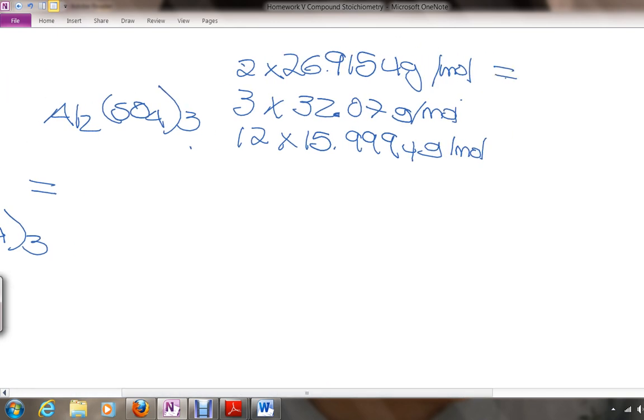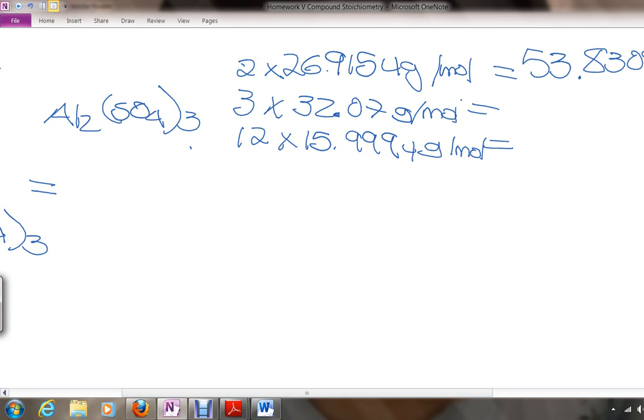So 2 times 26.9154 equals 53.8308 grams per mole.